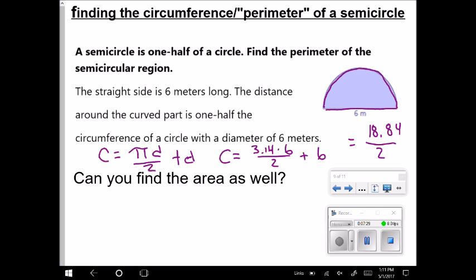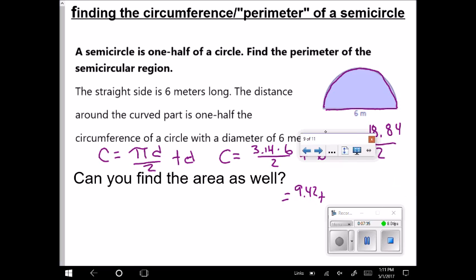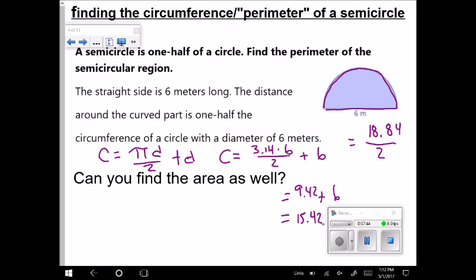That would give us 9.42, and then all said and done, we're going to add 6 to that. So we get 15.42 meters. That would be our perimeter for this semicircle. So we have half of the circle on the outside there, and then plus our diameter.